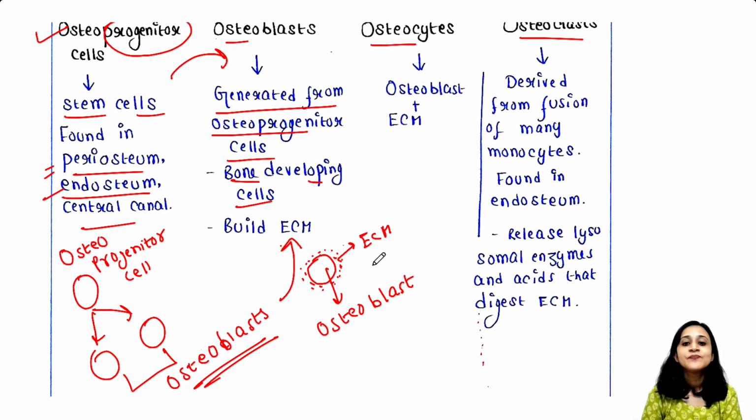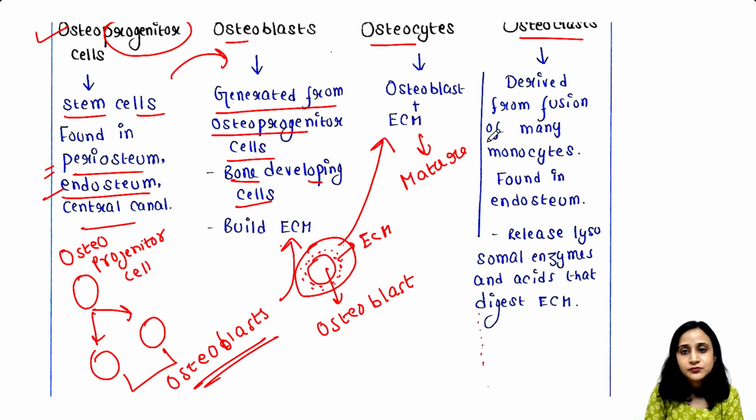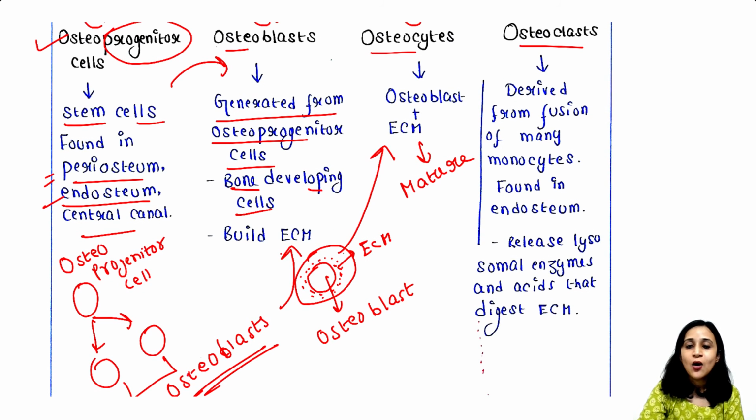When this osteoblast cell is captured by the extracellular matrix, this is called as osteocyte. So osteocyte is nothing but osteoblast plus its extracellular matrix. That is the mature bone cell.